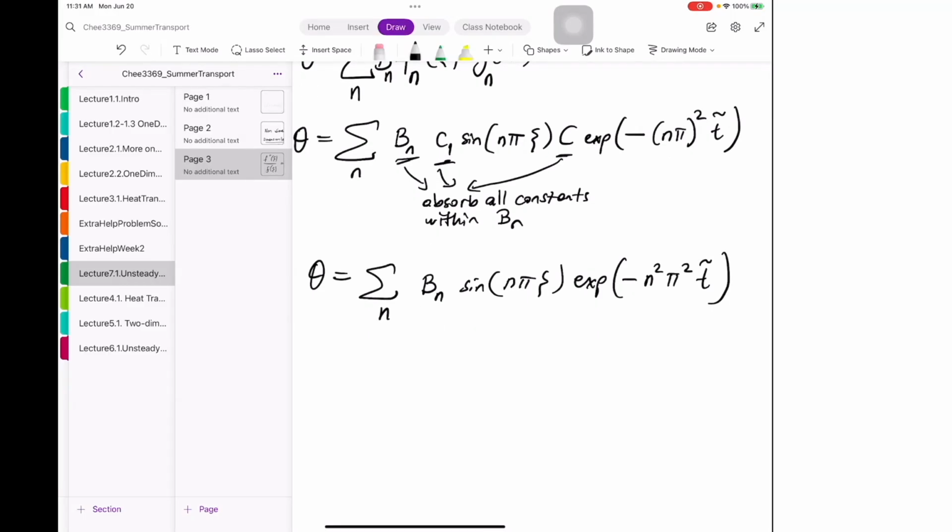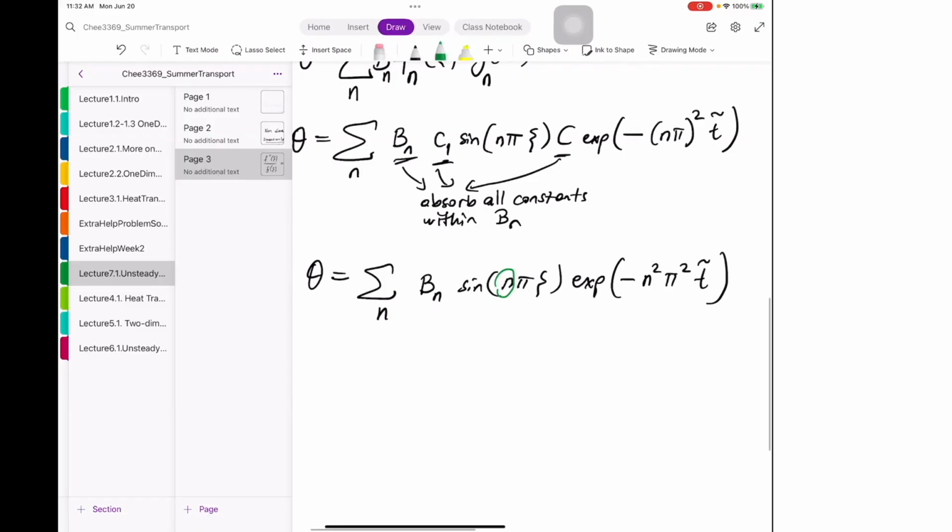One more thing. Now I should decide whether n can take negative and positive values. Have a look at this. If n takes negative values, like for example, instead of +2, if it takes -2, then for minus n, n replaced by minus n, you get minus sine n pi psi.